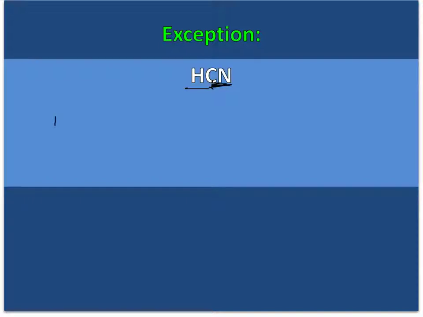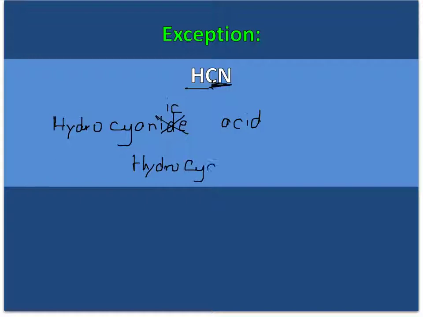So we put hydro. We have cyanide, drop the ide, ic, then the word acid. So that gives us hydrocyanic acid.